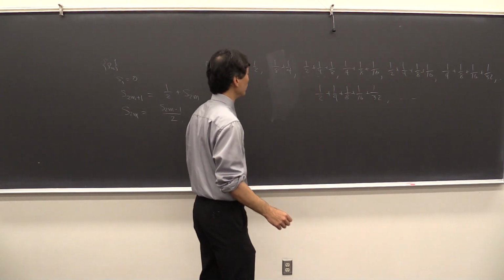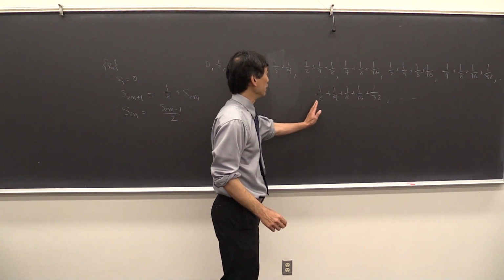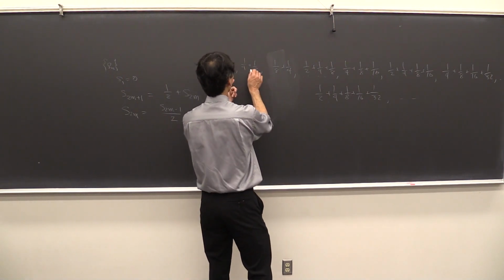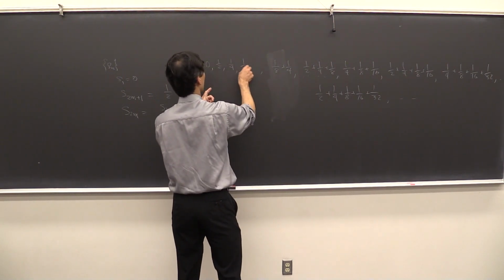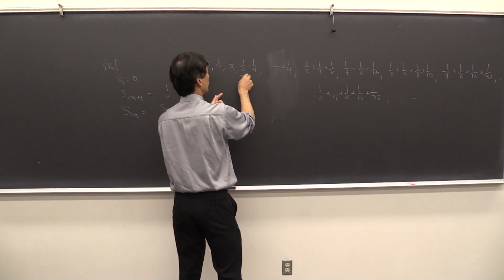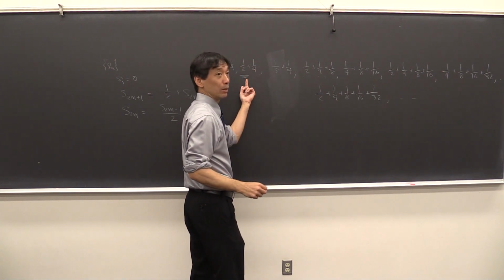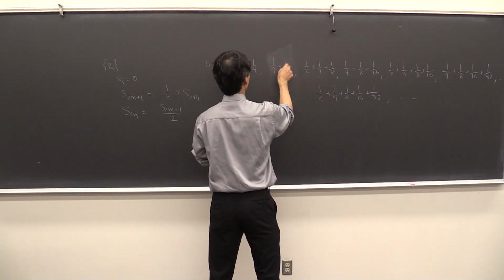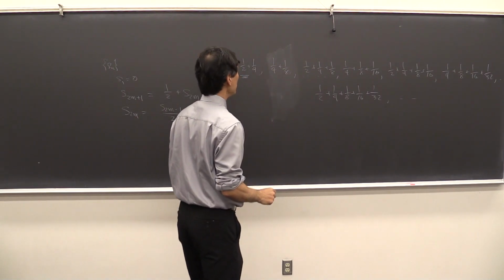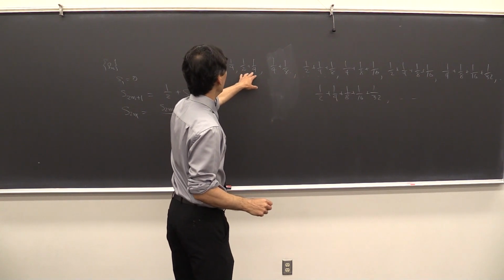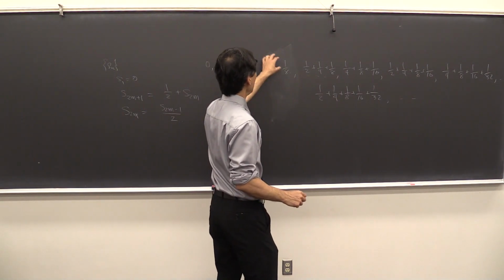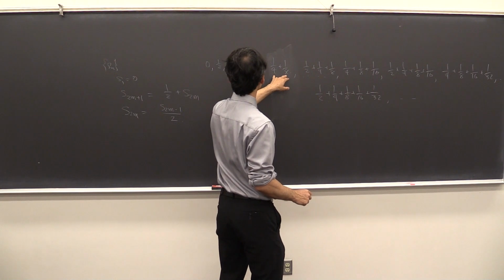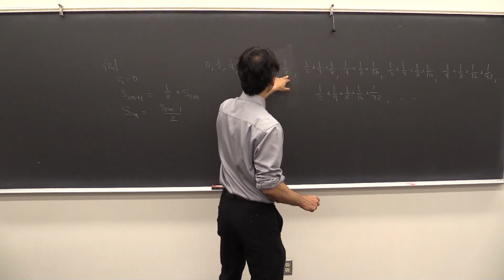Every time you add on a half, you're adding on sort of the top term. So you add on a half, you divide by 2, and that results in a power of 2.